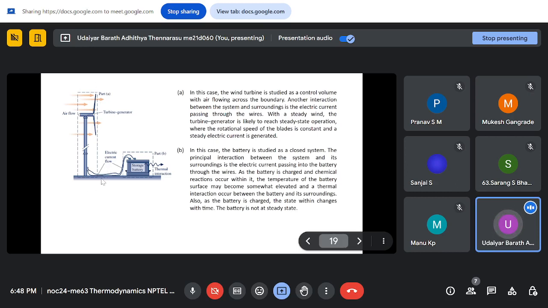In the first case, you need air flow to rotate this turbine, or else it will be steady. If there is no movement of air, the blade will not rotate, and no electricity will be generated. In that case you can assume it to be a closed system. But to generate electricity, there will be a mass of air coming in and going out.